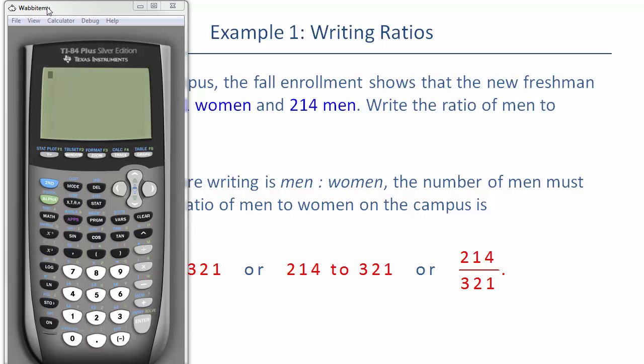You can get Wabbit EMU off the internet and then download a ROM file for it to get it to work. And then you can do fancy things like this, where you take your fraction, it gives you a decimal, then you do math and change it back into a fraction, and it reduces it for you, 2/3.